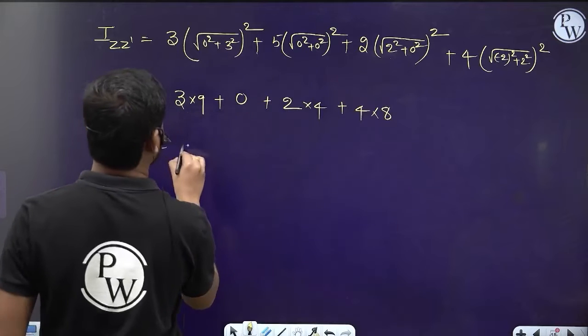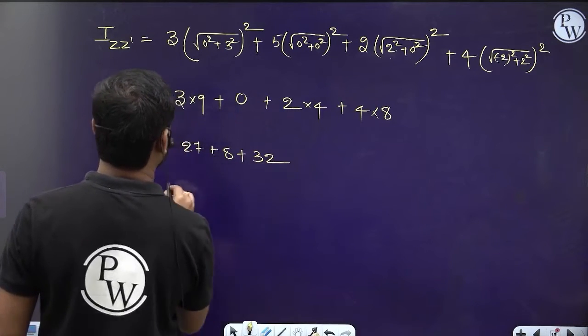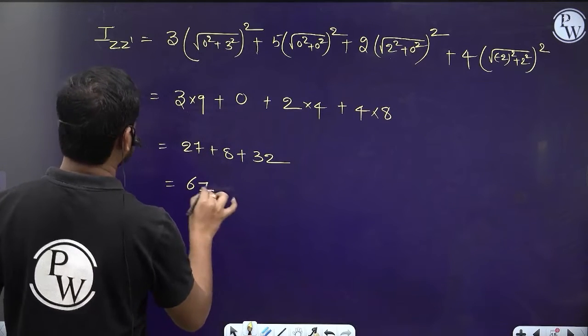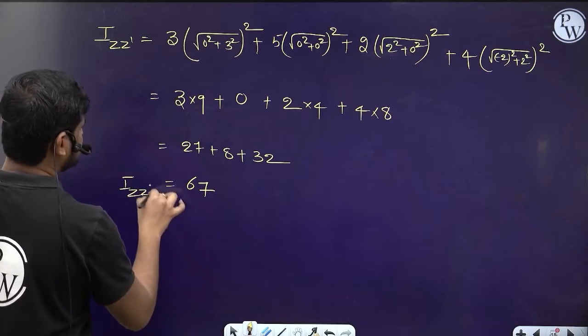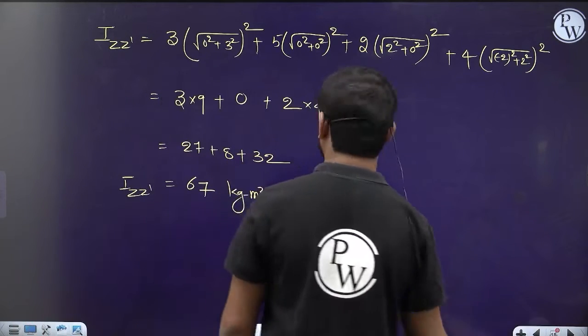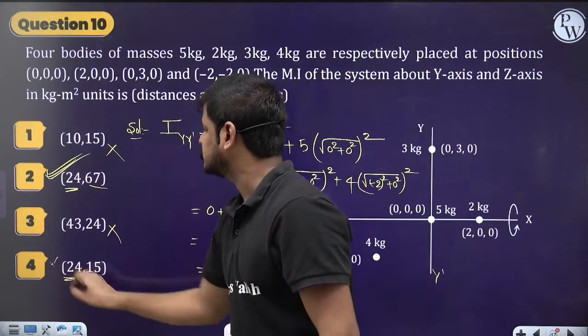So I can write 27 plus 8 plus 32, which comes out to be 35 plus 32, which is 67. So the moment of inertia about the z axis is 67 kg meter square. So 24, 67. Option 2 is the correct one, guys.